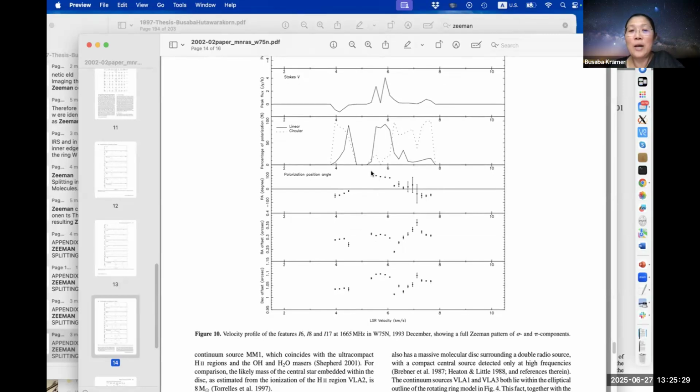For example, for this one, you can see the position angle, because this is the plot of a particular spot that appears in several channels. So you can see this is the position angle of the sigma plus and sigma minus, and here is the pi, and they are about 90 degrees apart.